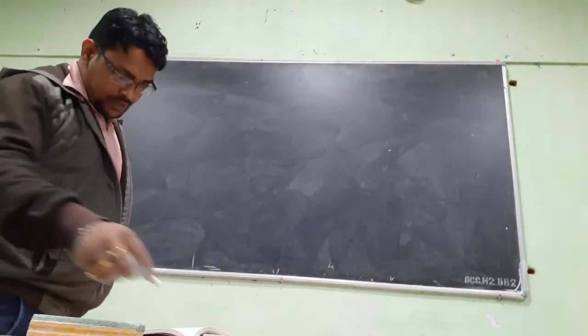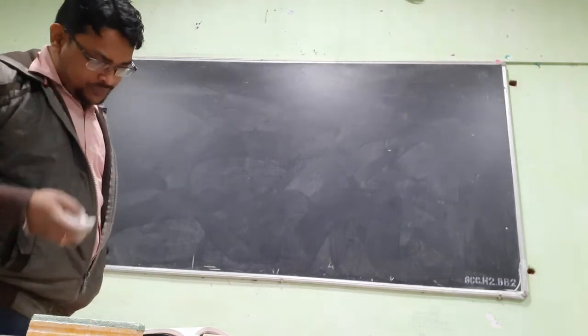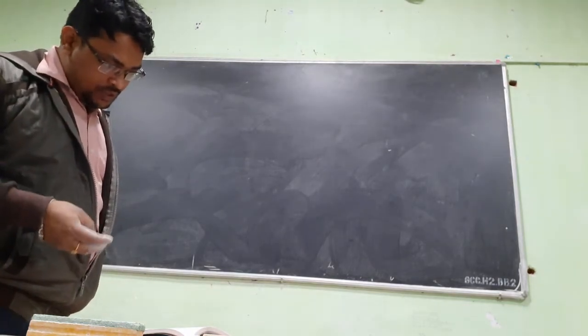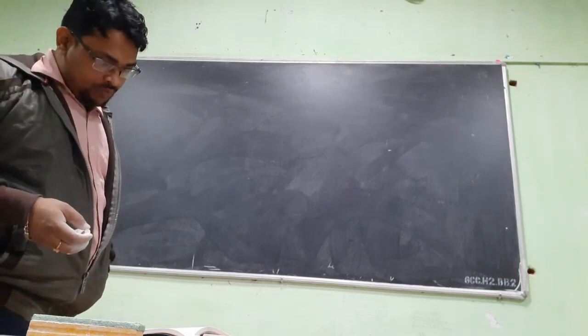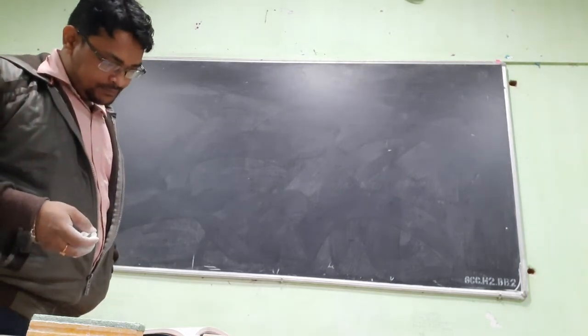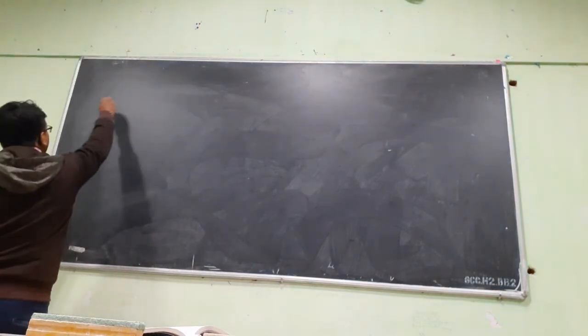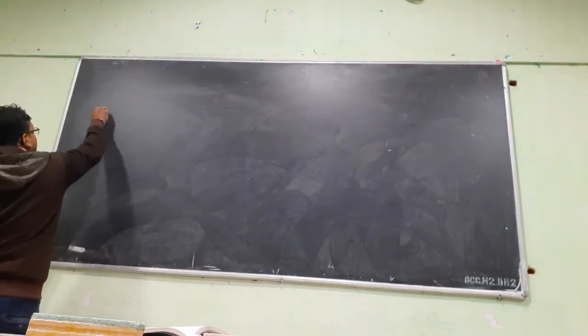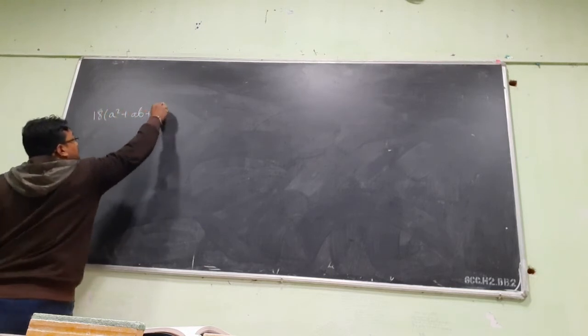They have started with this identity, and they want to factorize this particular number, a square plus AB plus B square, then 18 into a square plus AB plus B.